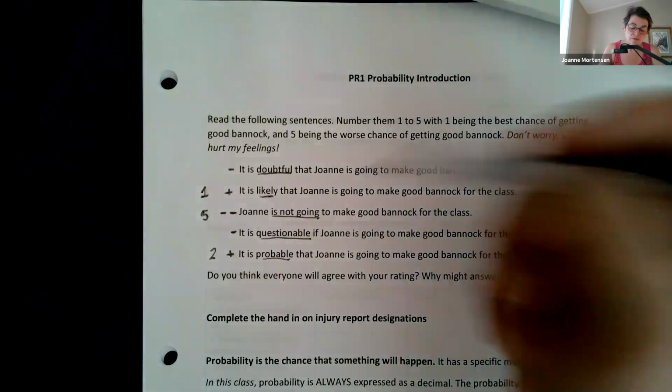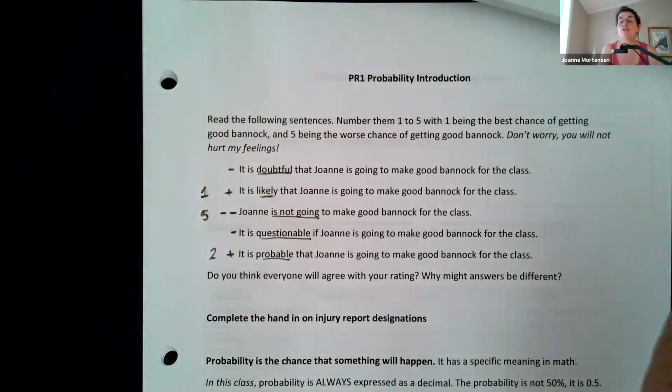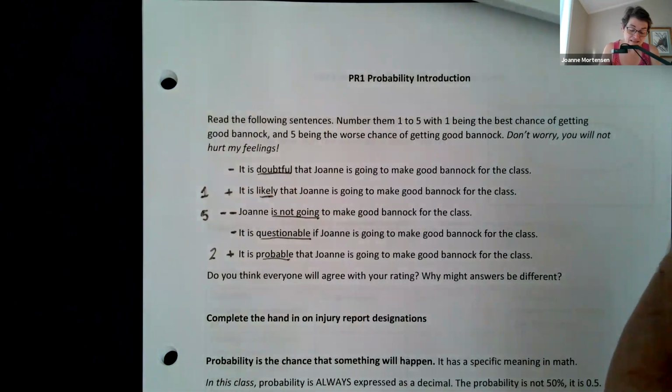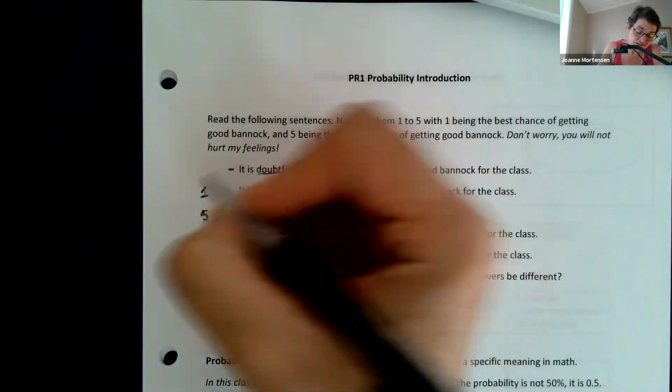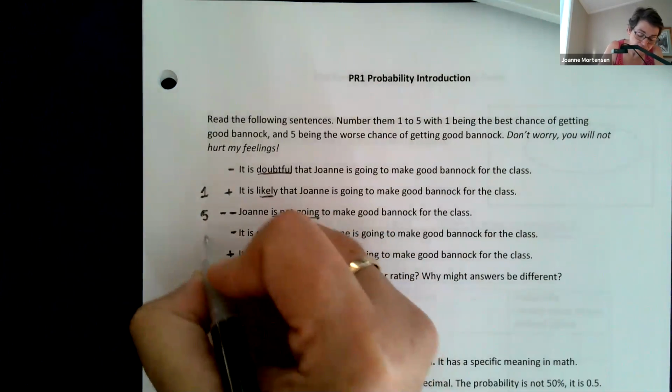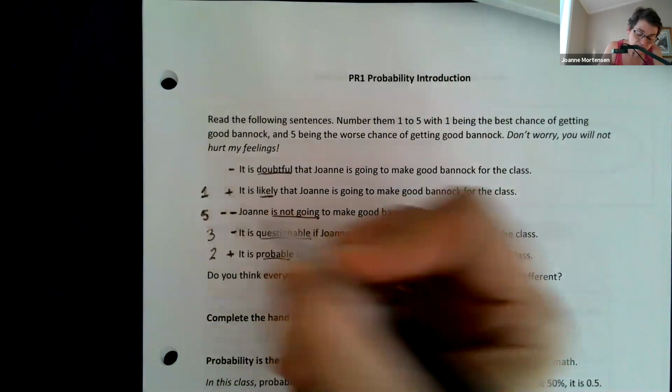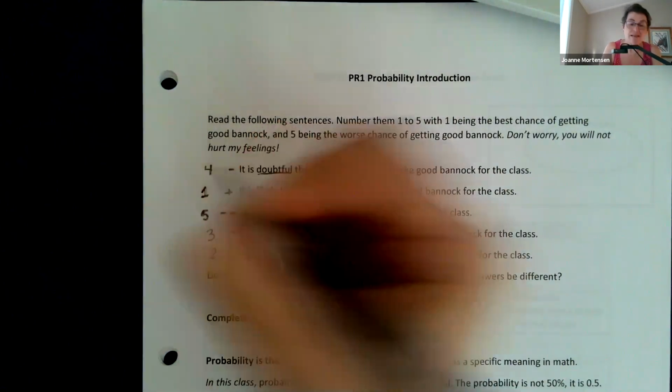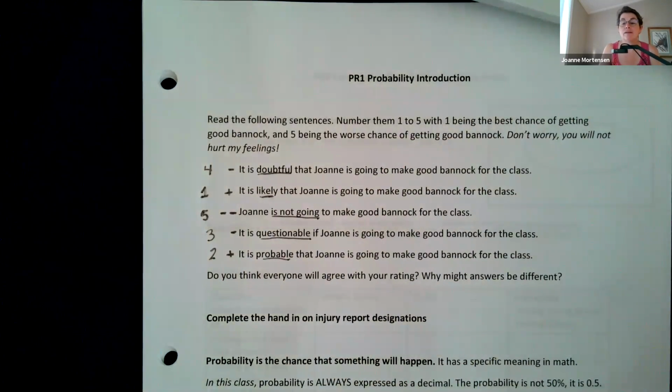So that leaves me with doubtful and questionable. Which is which? I think doubtful is a little better. No, I think questionable is slightly better. And doubtful is probably not going to happen. So this is like, when you read stuff, this is the probability that people talk in.